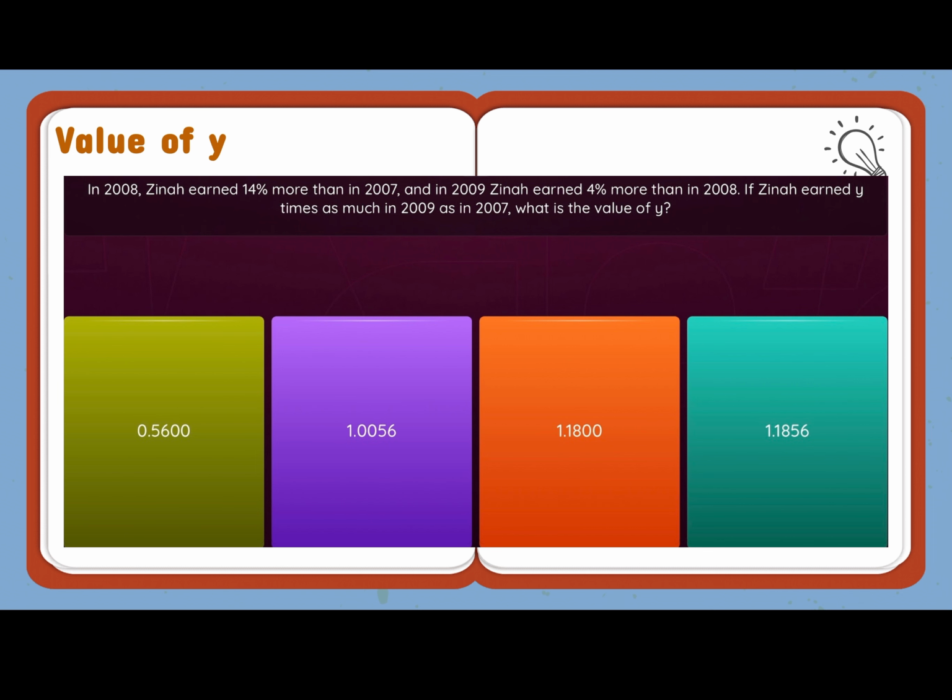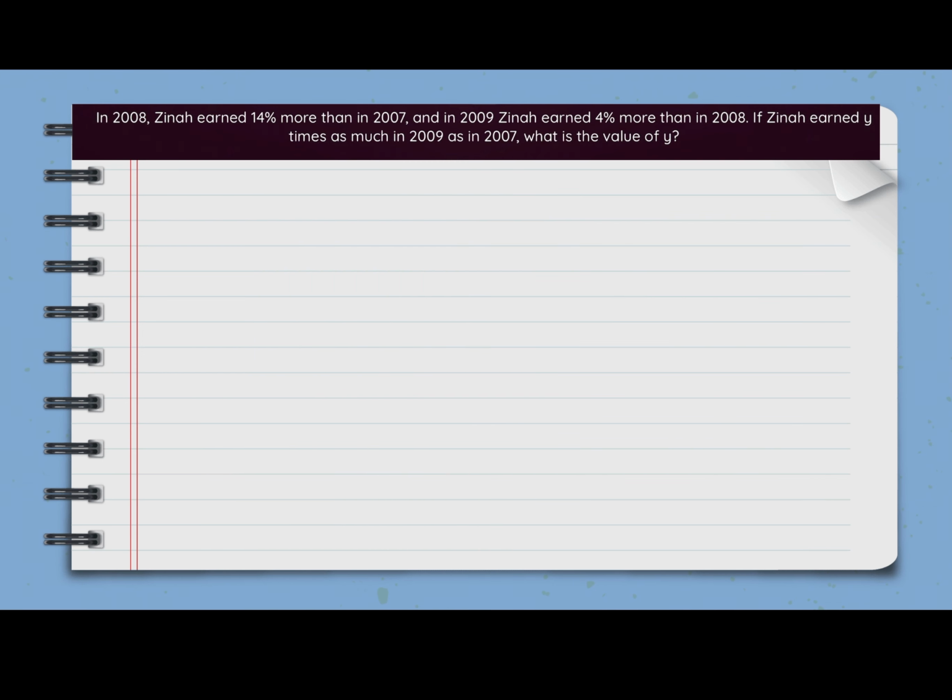Okay. Zyna earned 14% more in 2008 than in 2007 and earned 4% more in 2009 than in 2008. And if Zyna earned Y times as much in 2009 as in 2007, what is the value of Y?